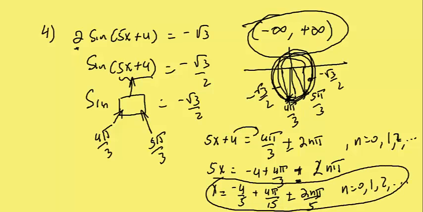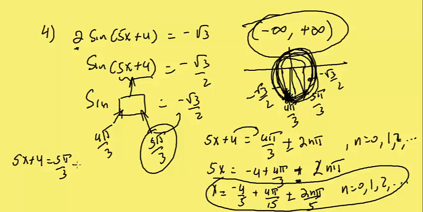That just tells me I'm going around the circle, landing on that spot forever and ever, both counterclockwise and clockwise. Okay, I still have to take care of the second part, and I'm going to do the same thing. First of all, we know that 5x plus 4 is equal to 5 pi over 3 plus or minus 2n pi.